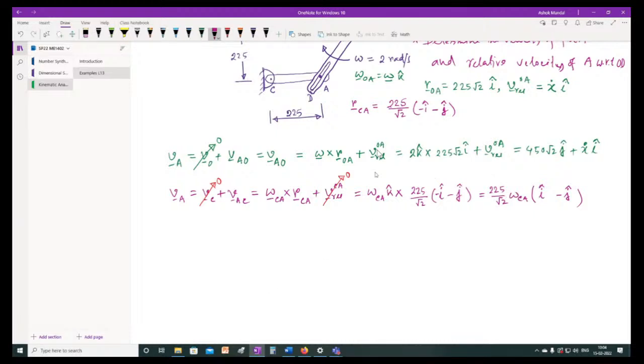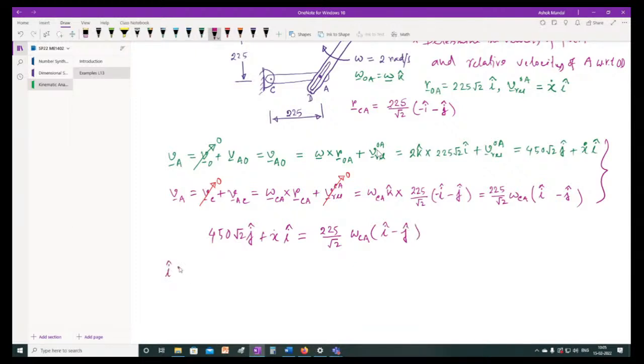So once we have done this, now we have to use this relation, because this VA are equal, so we can write it this way: 450 root 2 j plus x dot i is equal to 225 by root 2 omega CA i minus j. Okay?